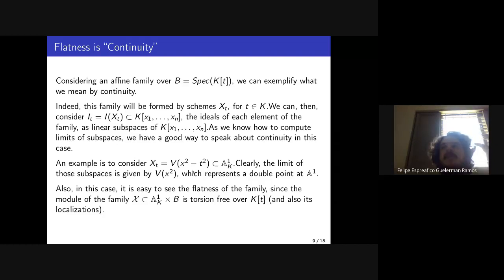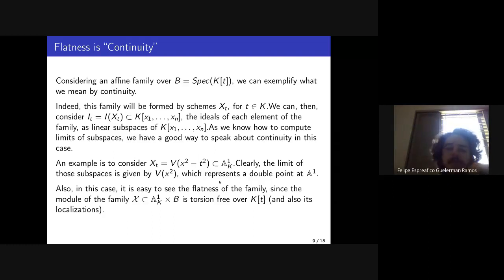And this is some kind of continuous limit, because the points are getting closer and closer, and it's natural to consider this double point as the limit of the pairs of points. And this family is flat.